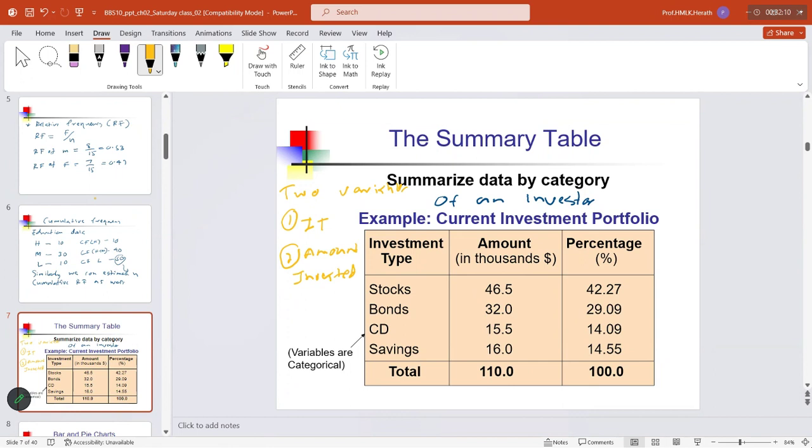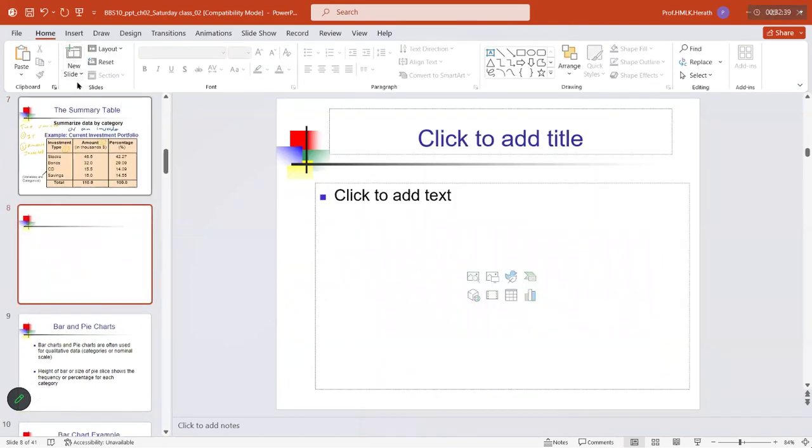We can summarize the amounts invested by different portfolios like this, together with their percentages. Similarly, we can summarize our gender data in a table.